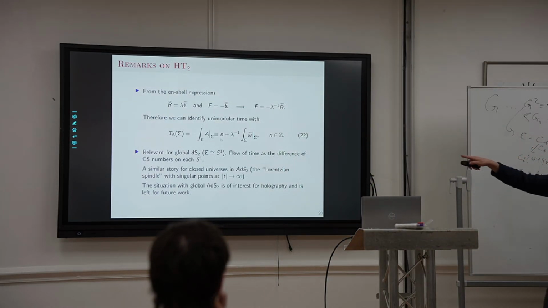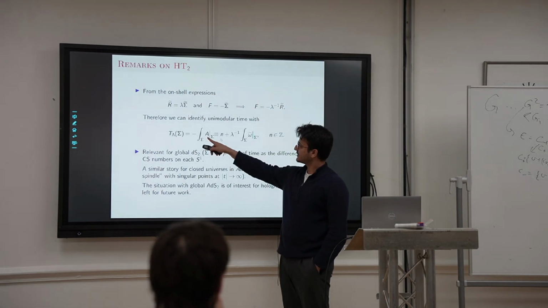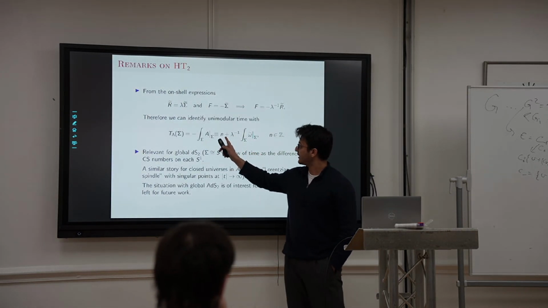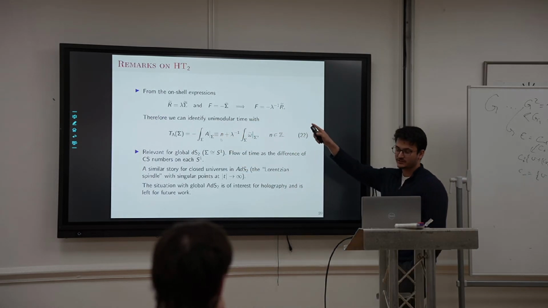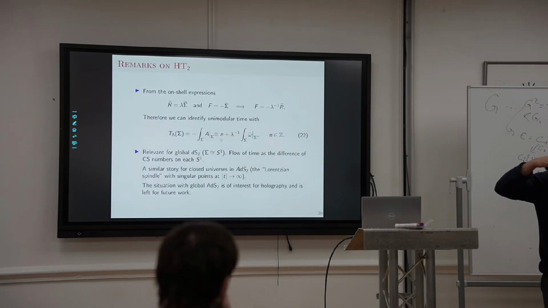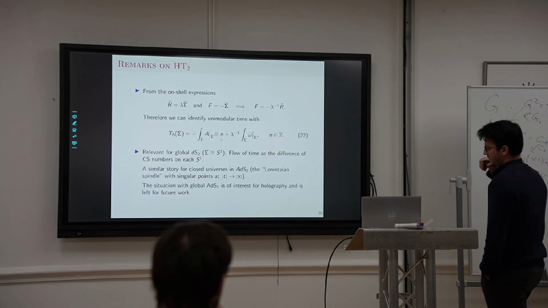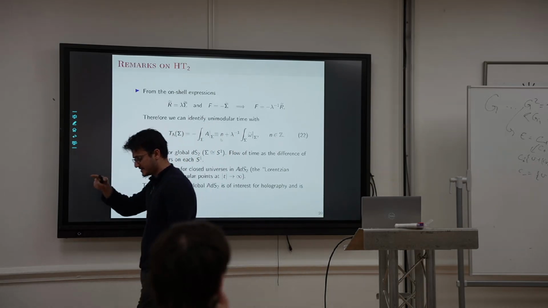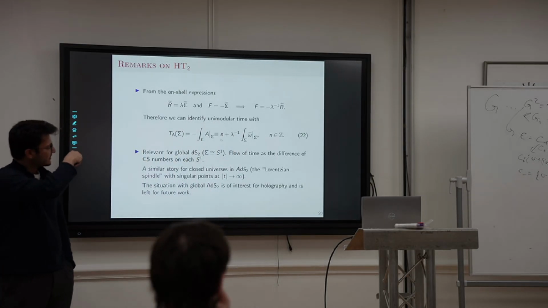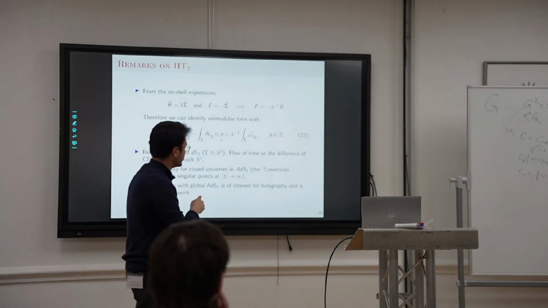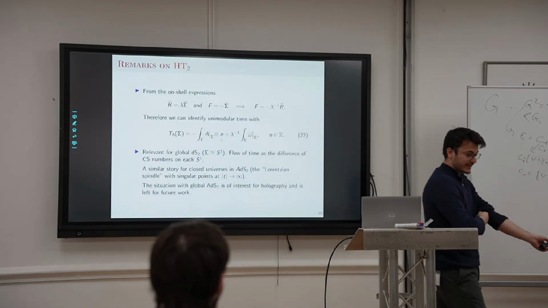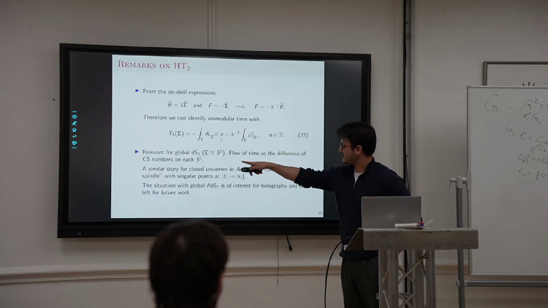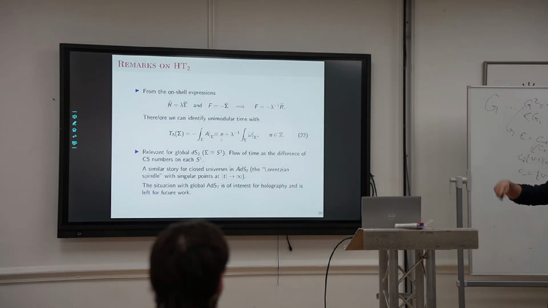So in some sense, the U1 gauge field A is related to the spin connection, up to an integer, because you have the large gauge f equals 0 type of... no, I will show later that this n arises if you take a decoupled version of this theory. This n is basically telling you that you have pure gauge configurations, so you have winding. And again, the flow of time is a difference of Chern-Simons numbers on each slice.